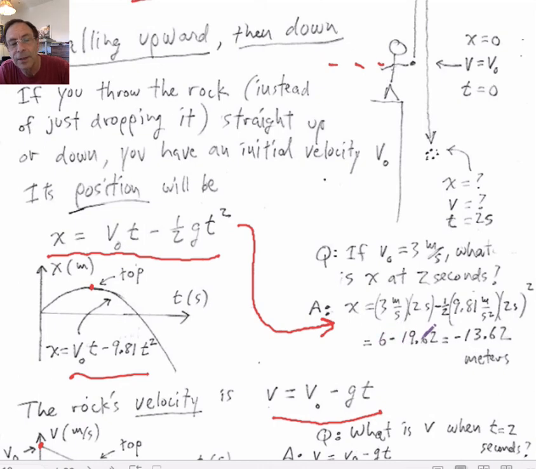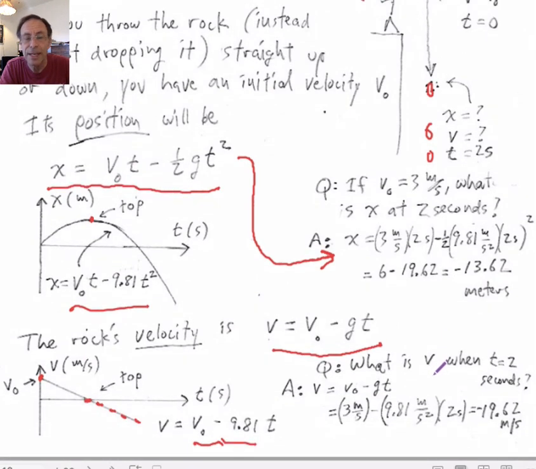I put this all into the calculator, and I find that it's down in the negative region. It's somewhere way down here, because it's actually pretty far down now. So it turns around, and then it starts to speed up downward, and at 2 seconds, it's already gone down pretty far.